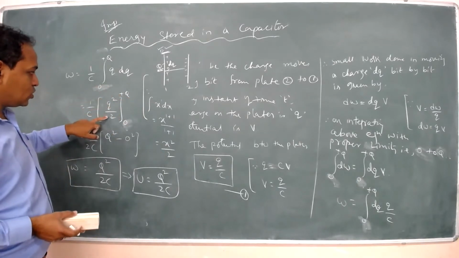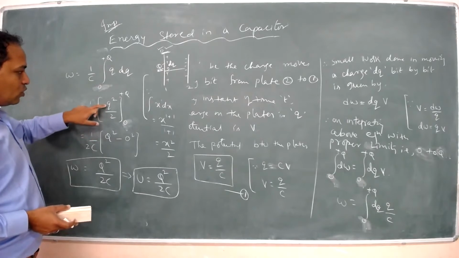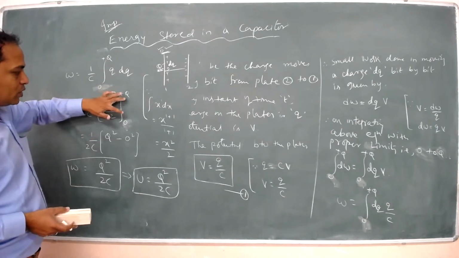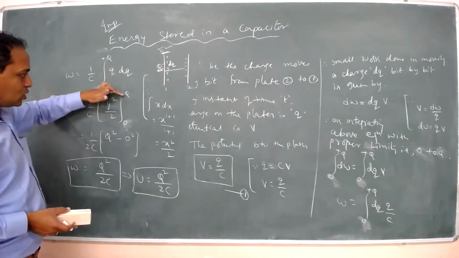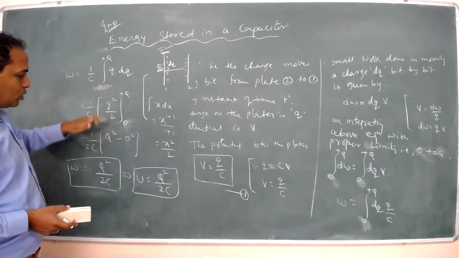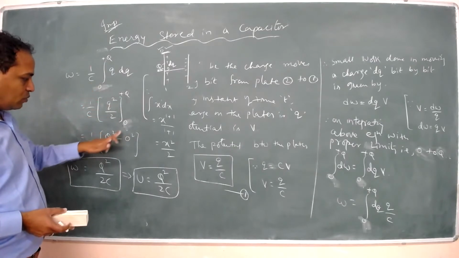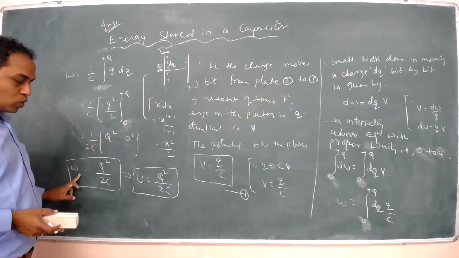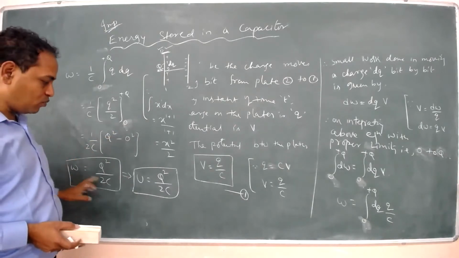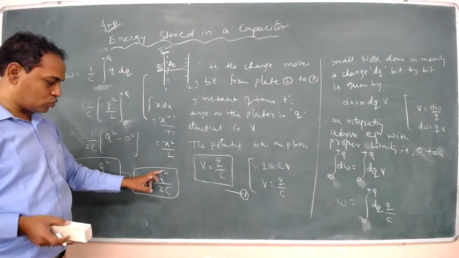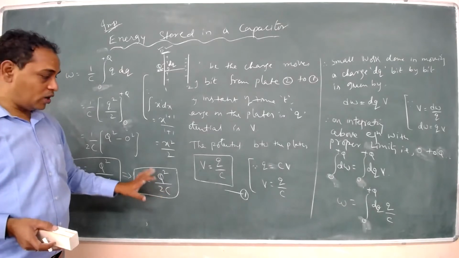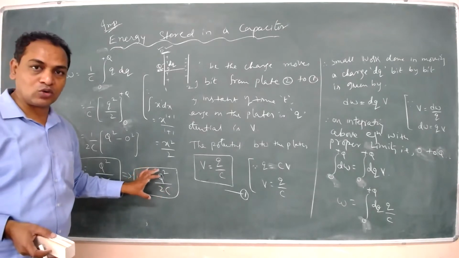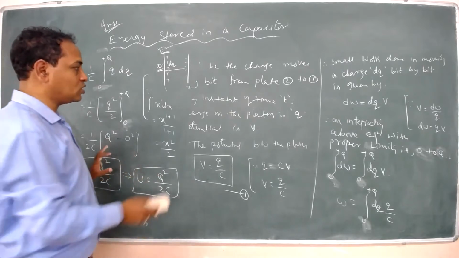Now we substitute the upper limit minus the lower limit, so this will become 0. Therefore Q square by 2C. This work done will be stored in the form of potential energy, that is U equals Q square by 2C. Okay, this is the energy stored between the two plates of the capacitor. Important question this one is.